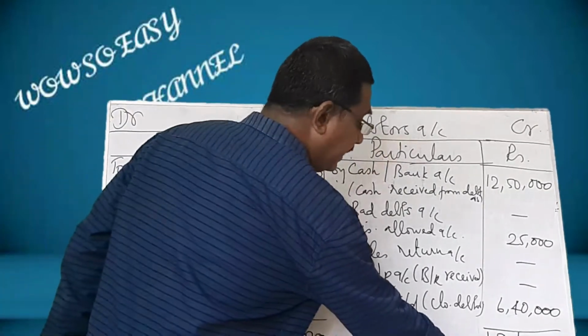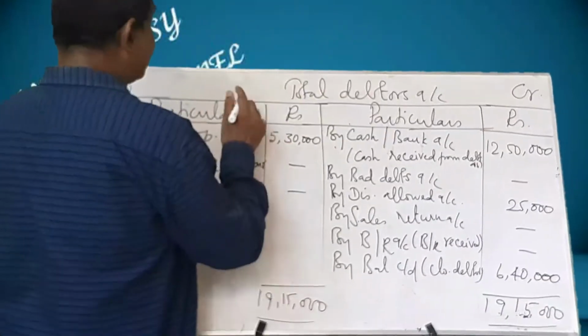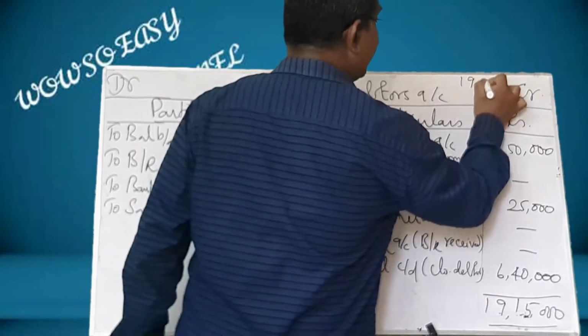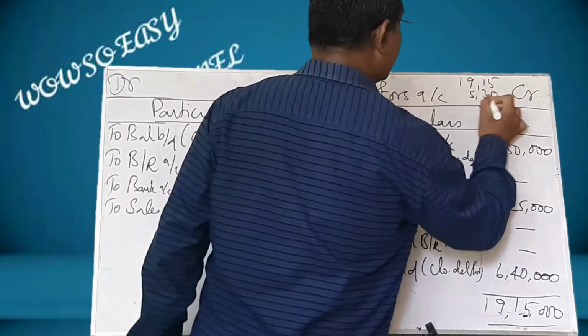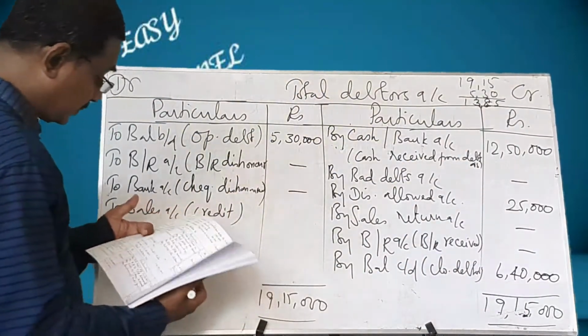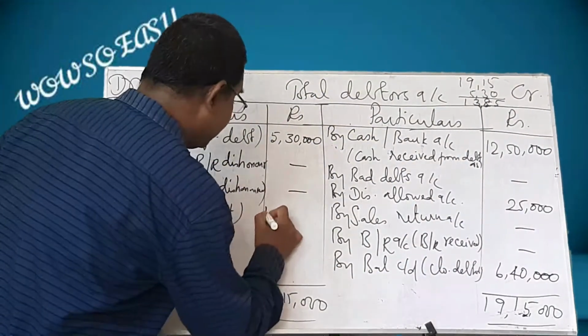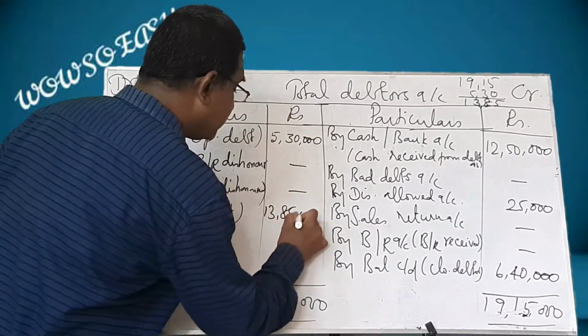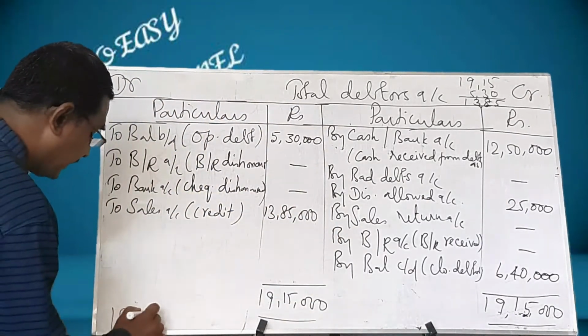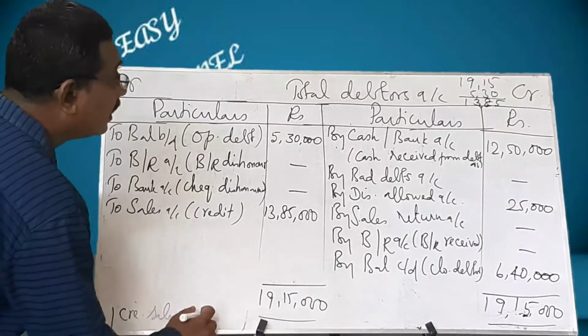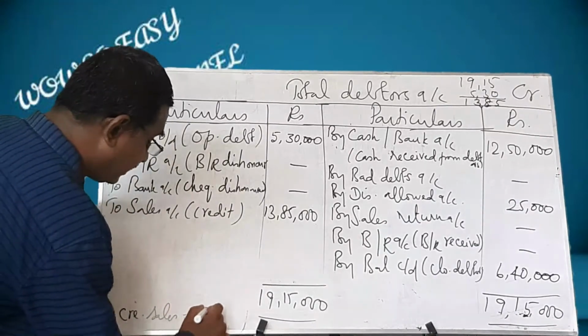From this 19,15,000, subtract 5,30,000. 13,85,000 is the credit sales. Make a box here and write credit sales is equal to 13,85,000.